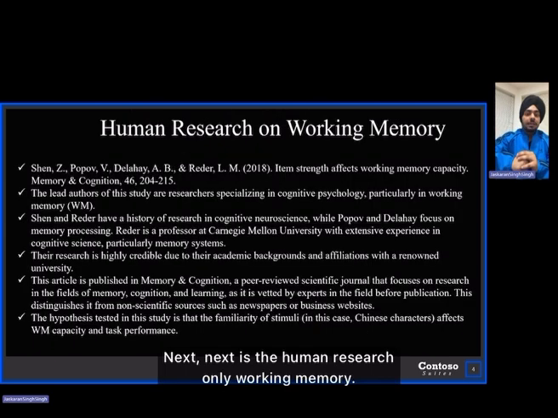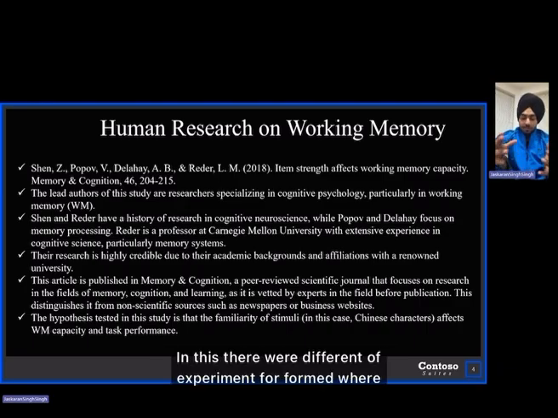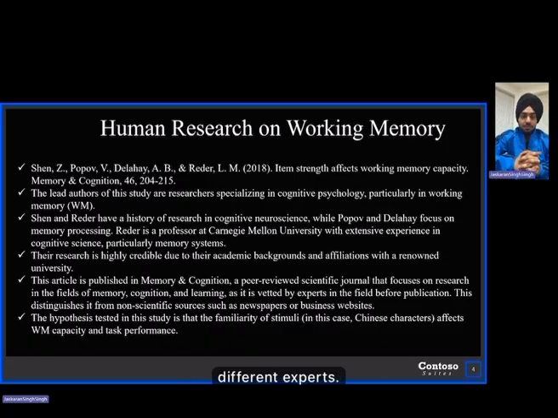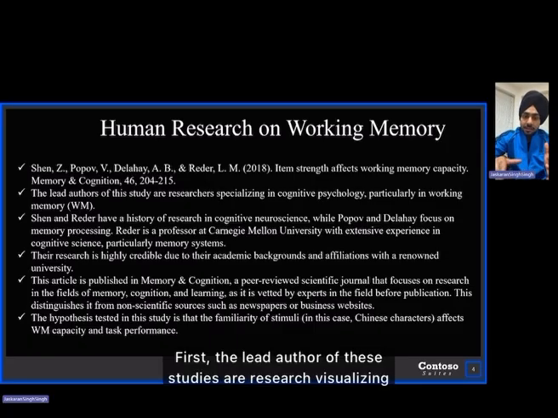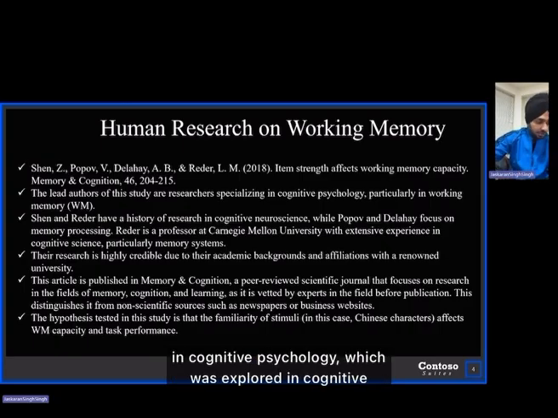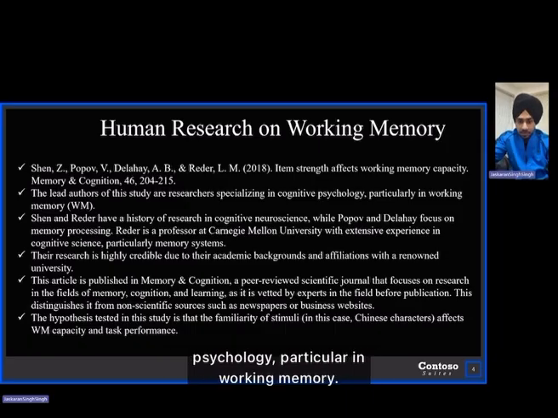Next is the human research on working memory. In this, different experiments were performed by different experts. First, the lead authors of these studies are researchers specializing in cognitive psychology, who are experts particularly in working memory.